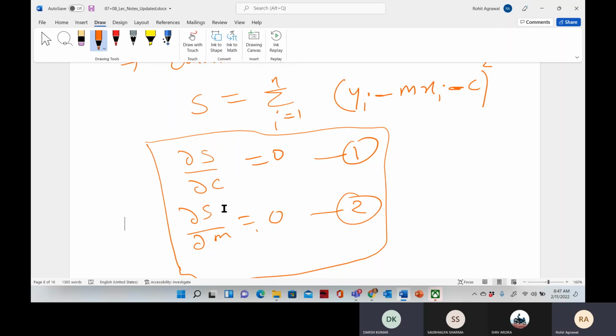Yes, we have to derive this. It will be simple, no problem. But you just need to know the differentiation. So I just want to know whether you know the differentiation or not. Sir, if you could revise it briefly, that would be good.